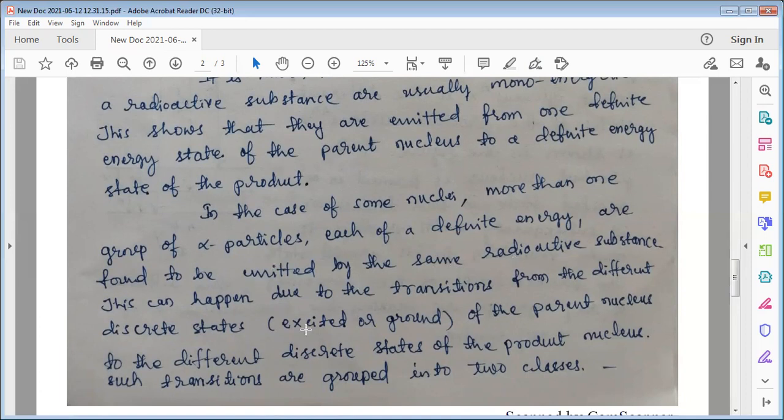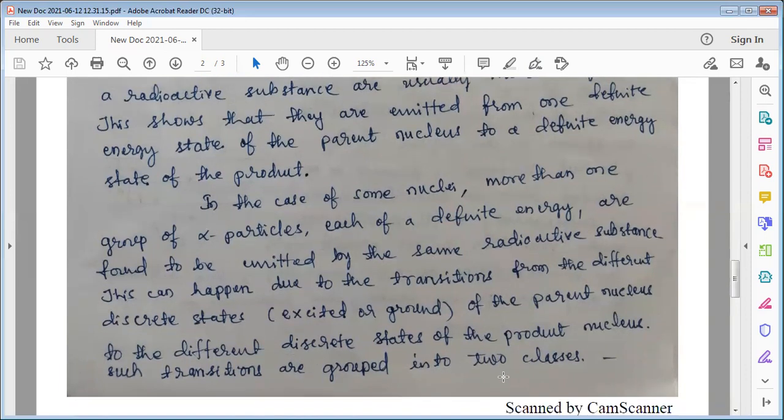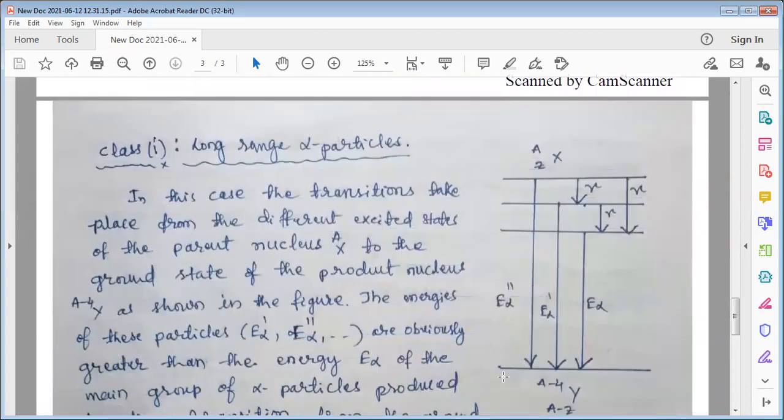This can happen due to the transitions from the different discrete states, excited or ground states, of the parent nucleus to the different discrete states of the product nucleus. Such transitions are grouped into two classes.